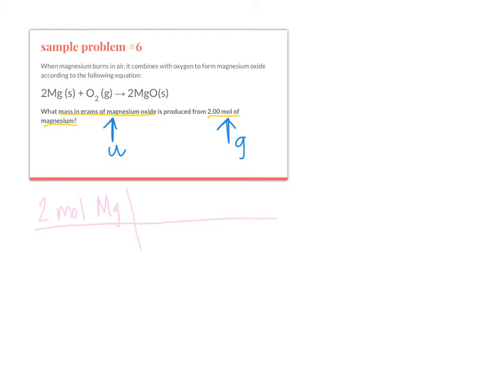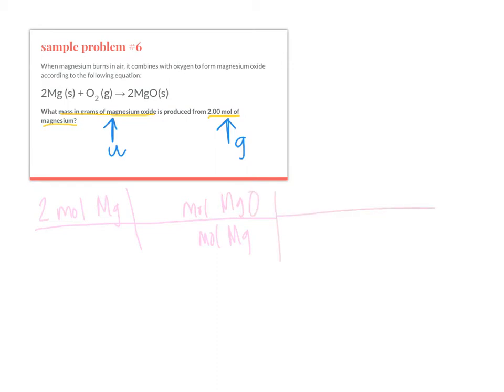If I have moles of magnesium on top, I have moles of magnesium on bottom. And what am I trying to get to? The mass of magnesium oxide. So can I go from moles of just magnesium to grams of magnesium oxide? No, because they're not the same compound. So we're going to have to stair step it a little and go to moles of what we're trying to get to, which is magnesium oxide.